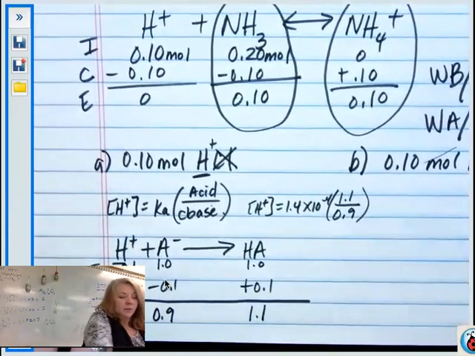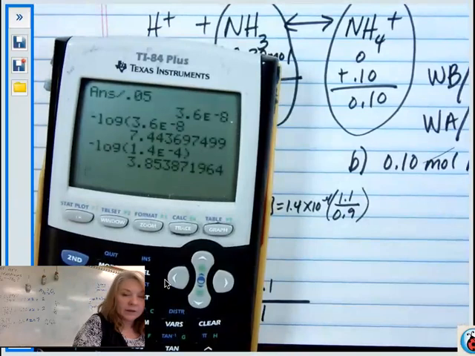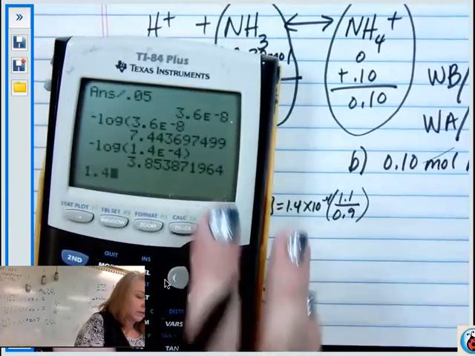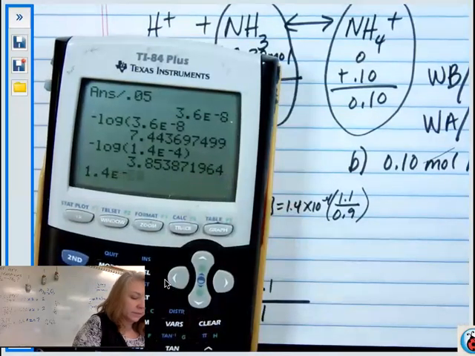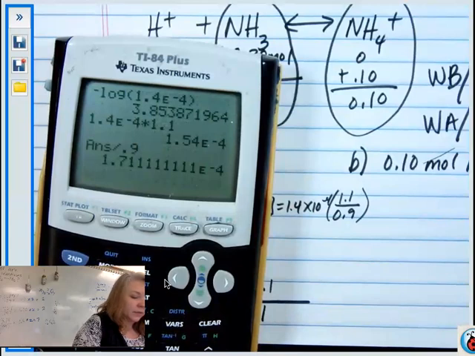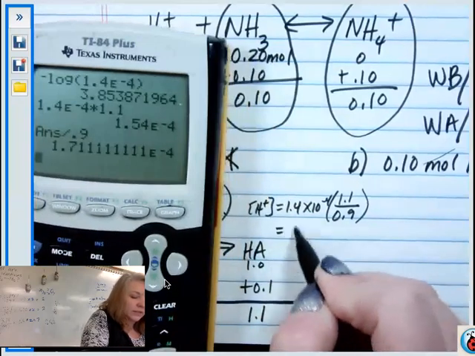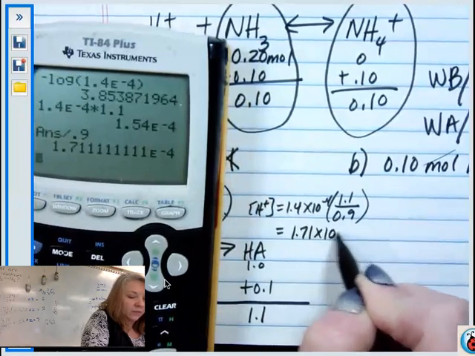So then I'm going to plug that into my calculator and take the negative log of it. 1.4 times 10 to the negative fourth times 1.1 divided by 0.9, and I get that number. So that's my hydrogen ion concentration. That equals 1.71 times 10 to the negative fourth.